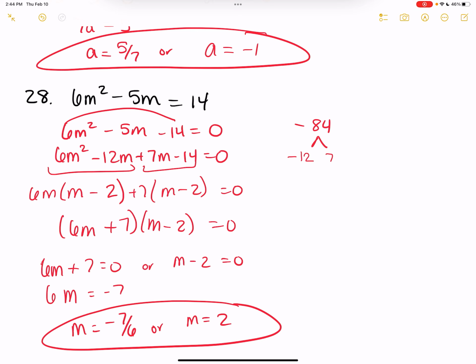Did you have positive or negative 7/6? Positive. I was just asking which one he had.